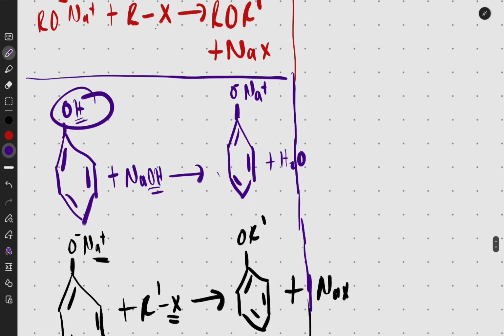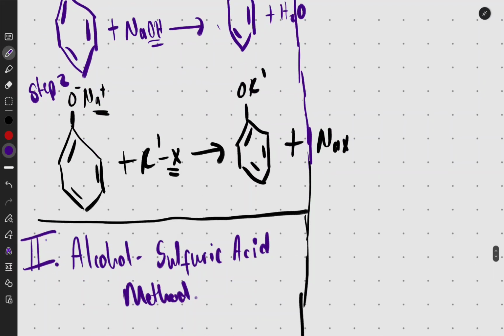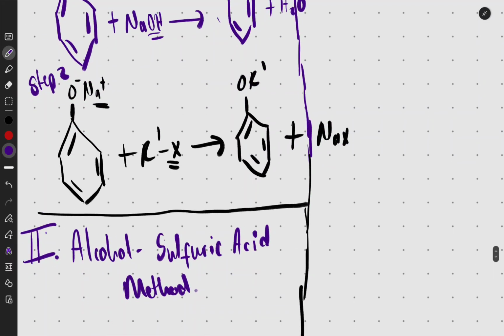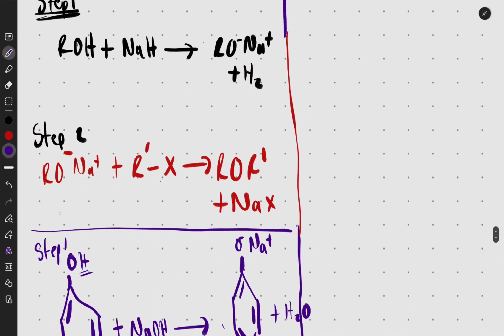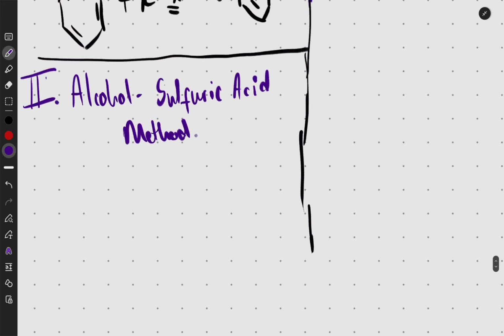An alcohol again, but it was a 2-step process. Here we had our step 1, it's Williamson synthesis. Then our step 2. In step 2, what do we add? This is a phenoxide and an alkyl halide. In step 2 for here, what did we add? An alkoxide and an alkyl halide. Okay, we started with an alcohol, we converted it to an alkoxide, then we added to the alkyl halide.